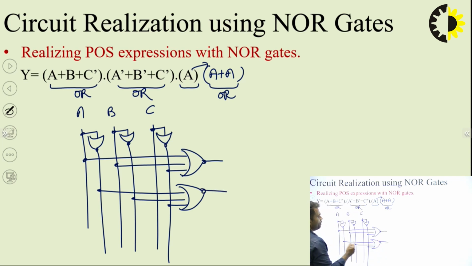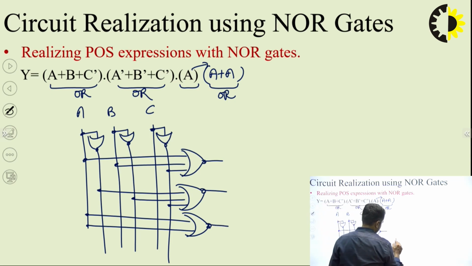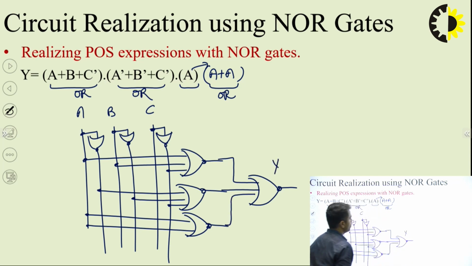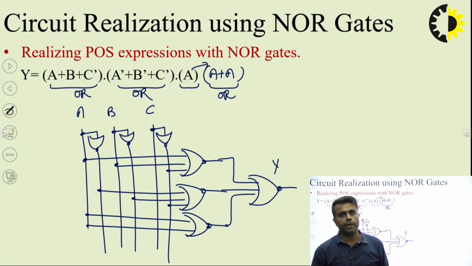Third one is A plus A. That means this A, another A. So these are the 3 sums, and finally the product. For the product also we will use another NOR gate, because OR AND form is equivalent to NOR. So this is the expression for Y. Okay. So this is how we can realize a POS type expression using NOR gates only.